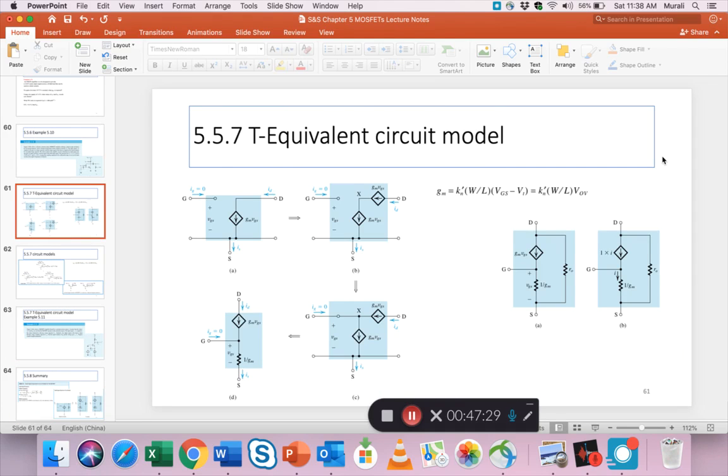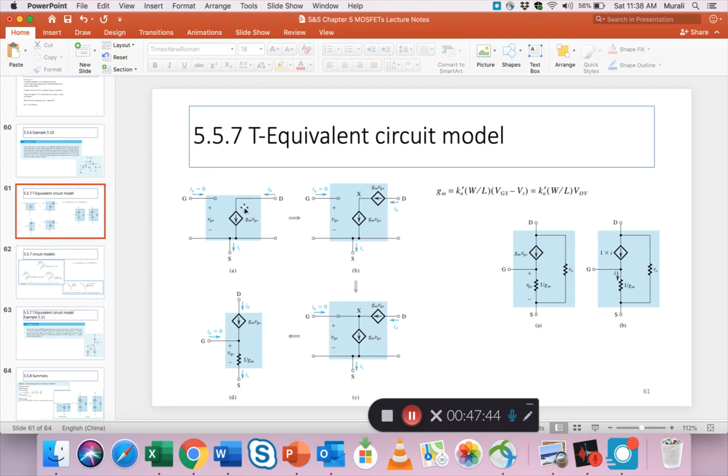The writer of this textbook introduces another model called the T equivalent circuit model. I haven't seen this in other textbooks, so I don't know how important it is. But anyway, he has given it to us, so let's understand it.